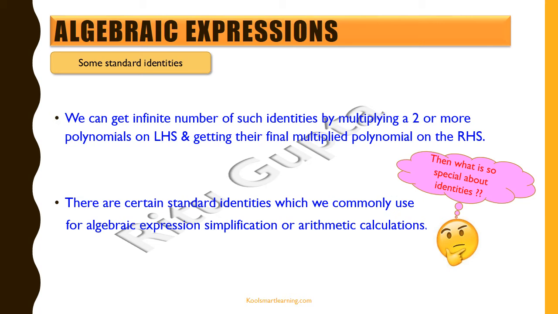So that is where the identities become important. We could create an infinite number of such identities, but there are certain standard identities which we generally use going forward in all the simplifications and calculations related to algebraic expressions as well as in arithmetic calculations. We'll see how we do that.